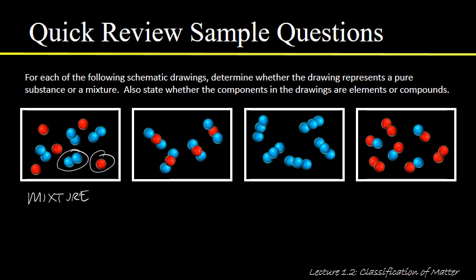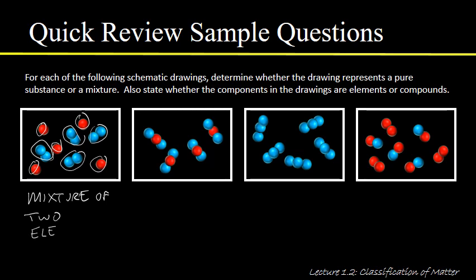And then if we look at the particles themselves, all of these monatomic particles contain only one element, the red one, and all of these blue ultimate particles contain only one element, which is the blue one. So all of the substances in there are elements. So this is a mixture of two elements.